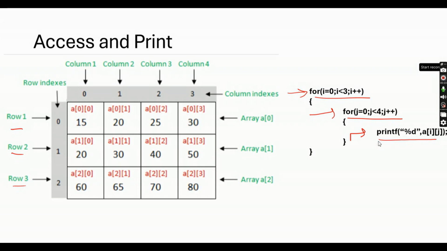Actually we need to format this. If we just print directly, we will get values without any spaces. If we want to print them as an array, then we need to use \n. This is how we access and print the two-dimensional array. In this example, a of 3 and 4. That's it.